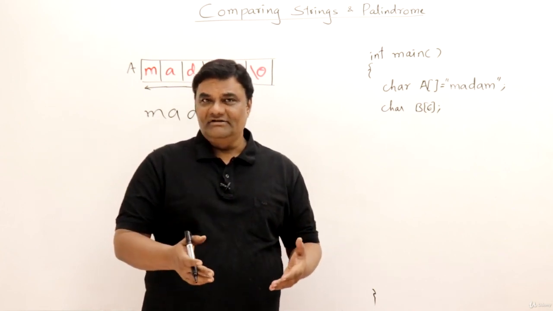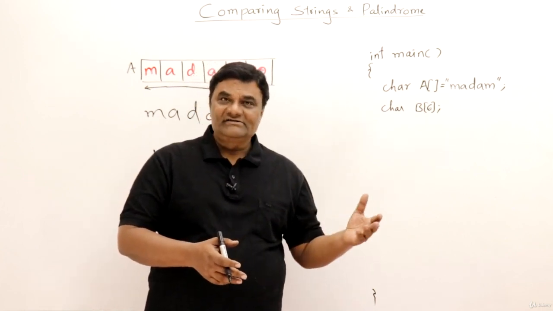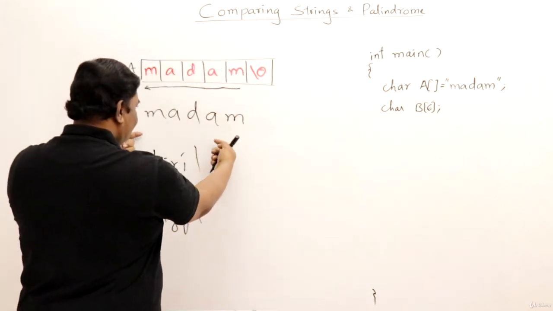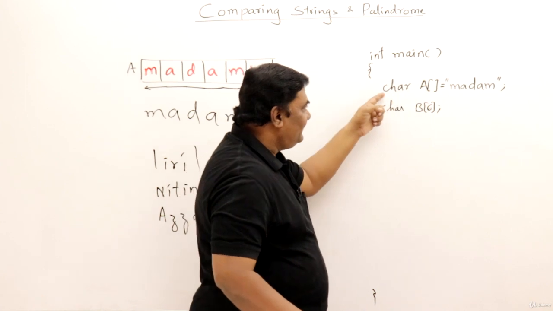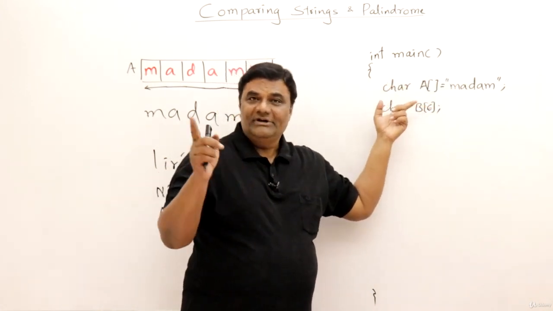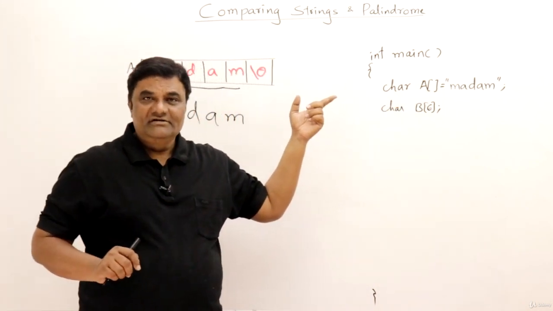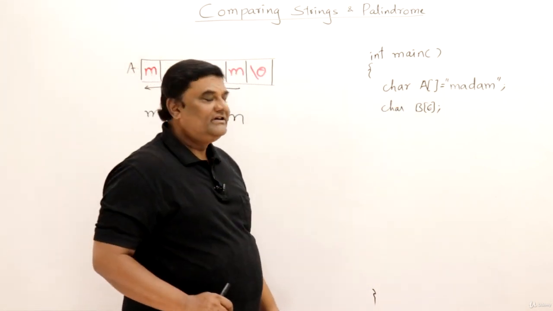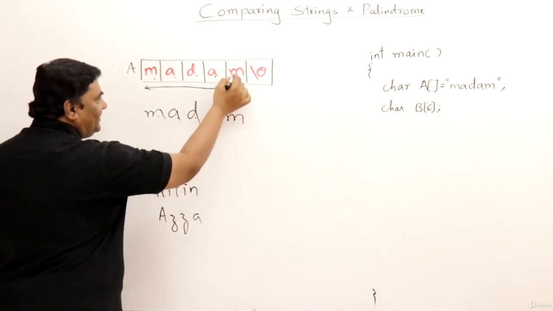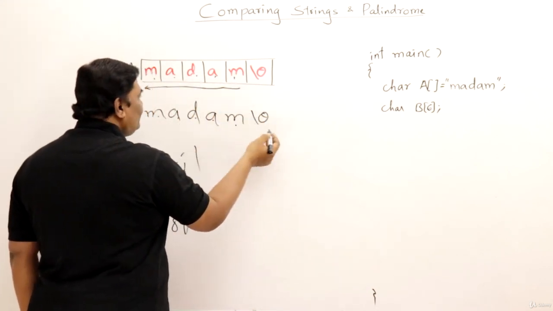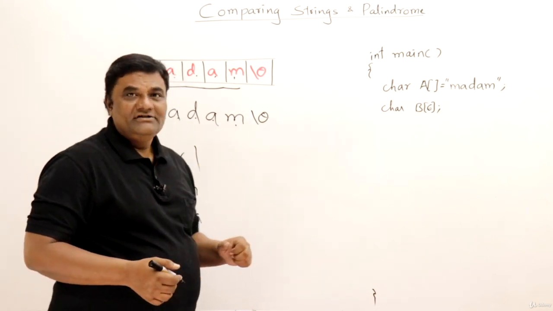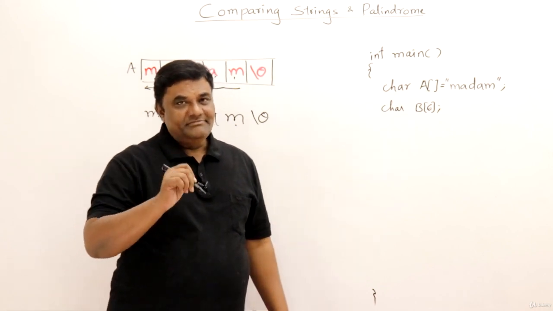See, the procedure is simple. Now we already know a few things, so the procedure becomes simple for us. First of all, you reverse copy a string. If you have a string in an array, then reverse copy it into another array. We have already seen in the previous video how to reverse copy a string. Then after reverse copying a string, you have to compare two strings, right? Compare the two strings. Till you reach \0, they will be the same only because it's a reverse of the same string and it is a palindrome. So if they are equal, then it is a palindrome.